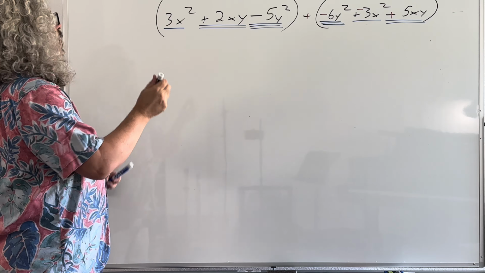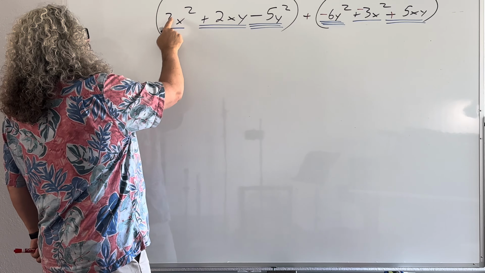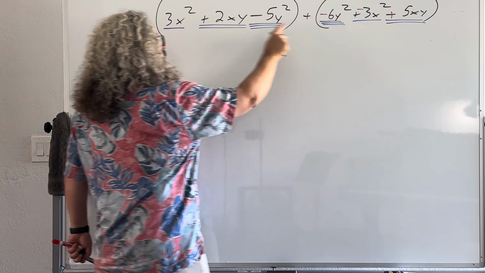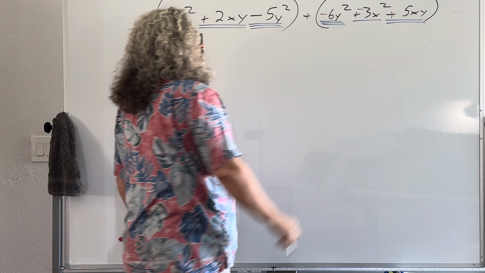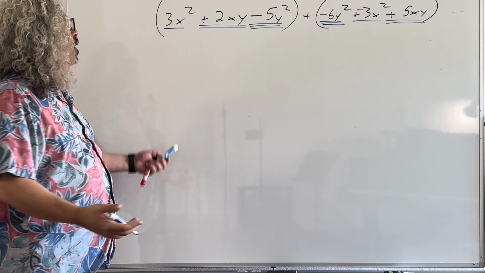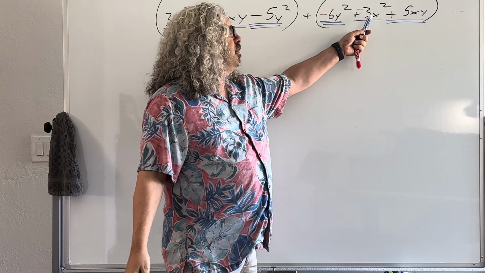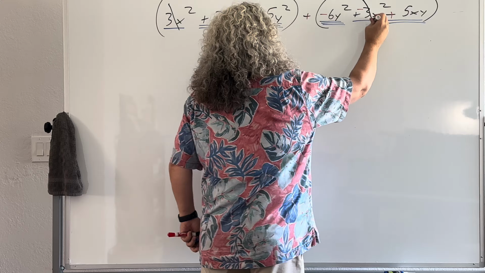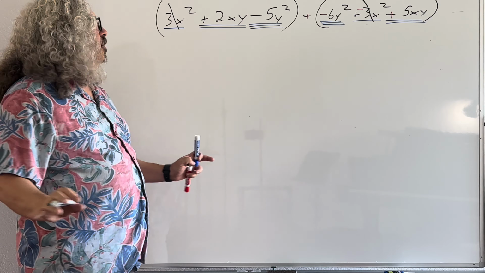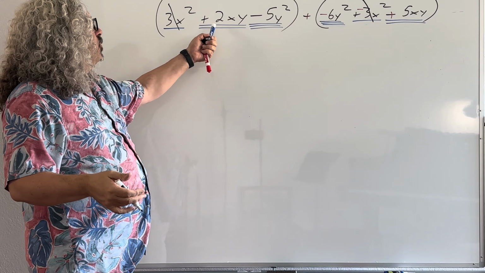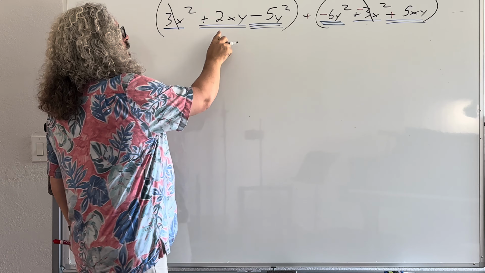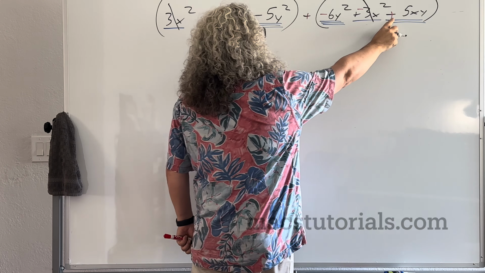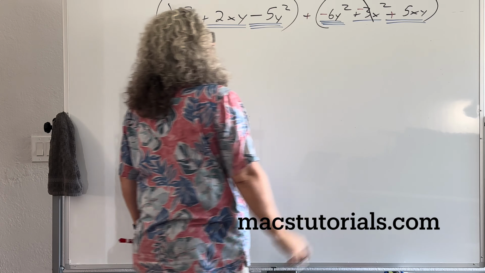So I'm going to start now with my x squareds. I have a 3x squared plus a negative 3x squared. Well, we just did this in the last problem. Positive 3 and negative 3, that gives me the 0. These are just going to go away. They're gone now, okay? Great. Let's do our xy's. Positive 2xy and plus a positive 5xy.